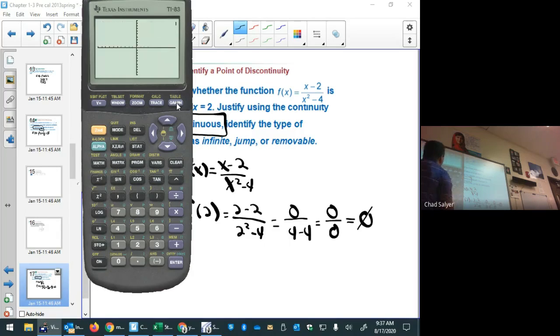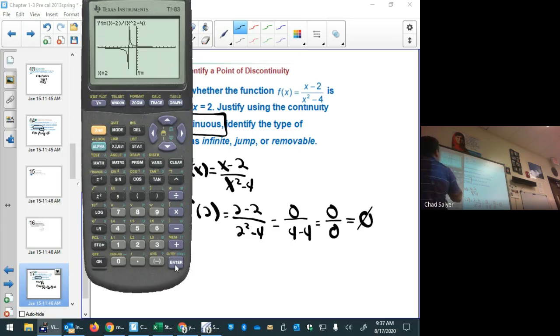So if I graph this, at negative 2, it's an infinite type, but at positive 2, it looks like it's continuous. However, if I hit trace, 2, enter, you see how the y is blank? That indicates that it is a hole at that point.